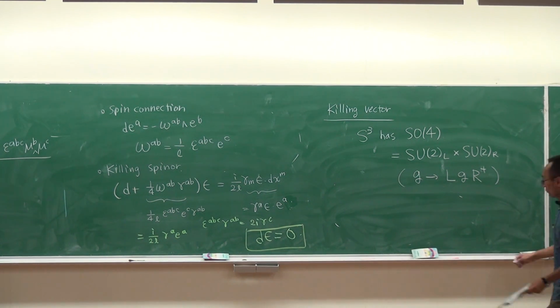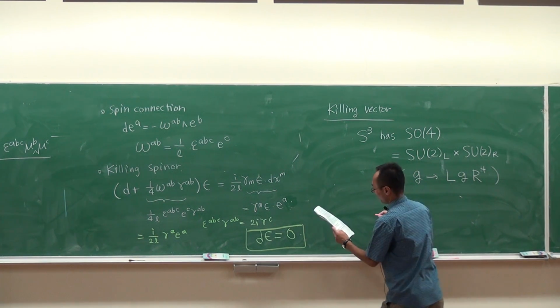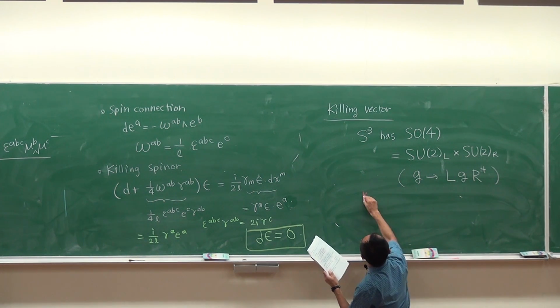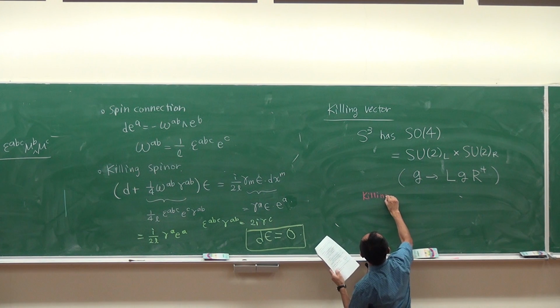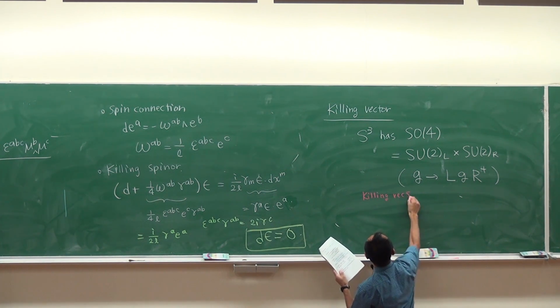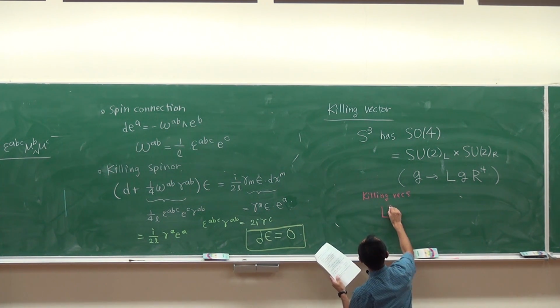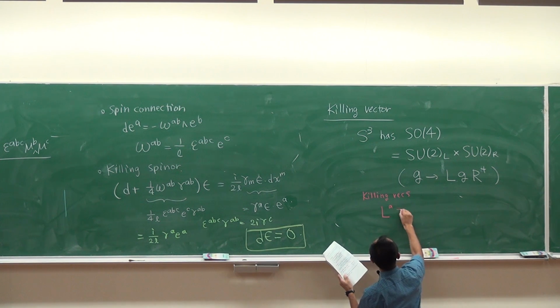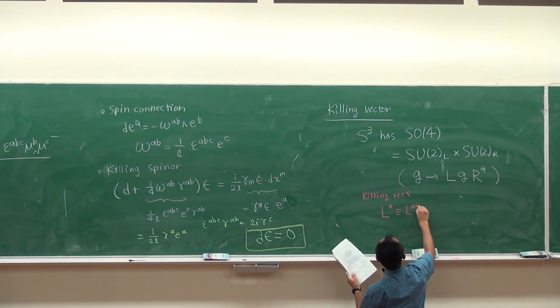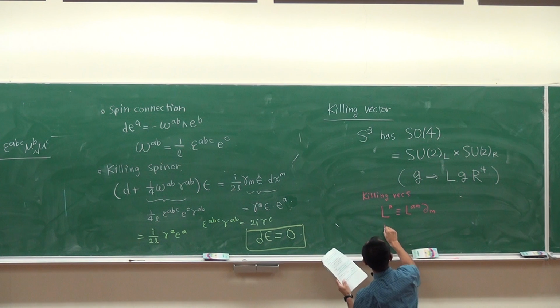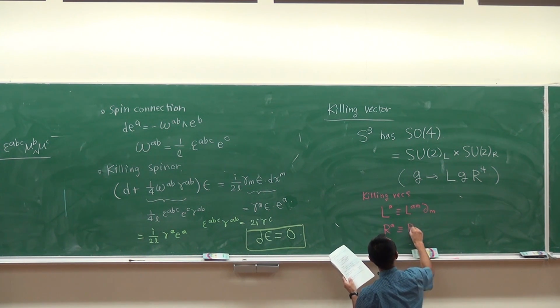I'm going to write those Killing vectors like this. This is the generator of left SU(2), and this is the generator of right SU(2).